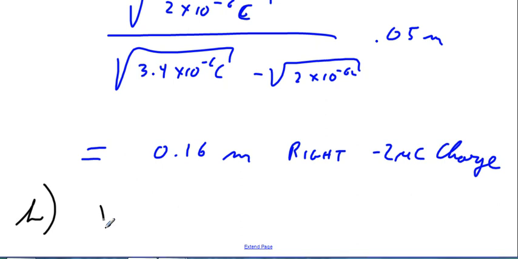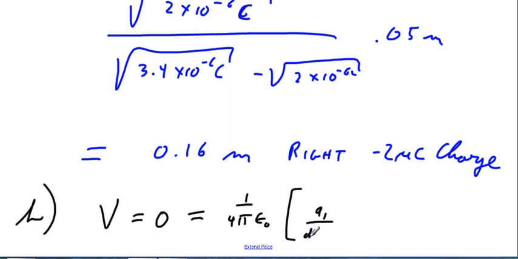So the voltage has to be 0, which is going to be 1 over 4 pi epsilon naught times Q1 over d minus x1 plus Q2 over d minus x1, and the 1 is interesting.